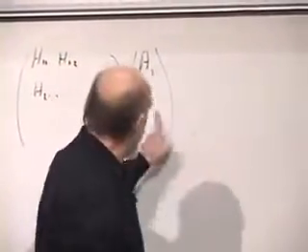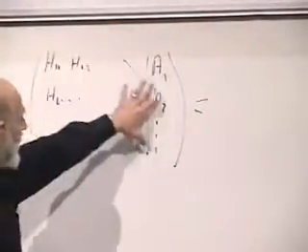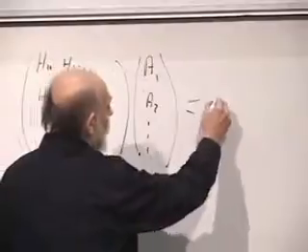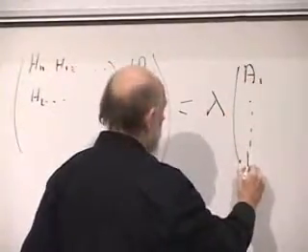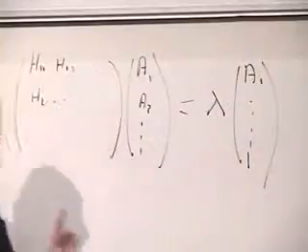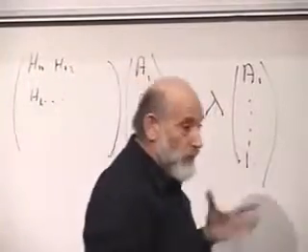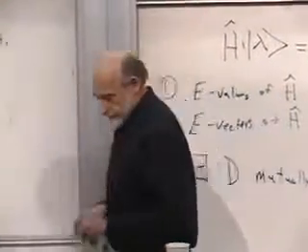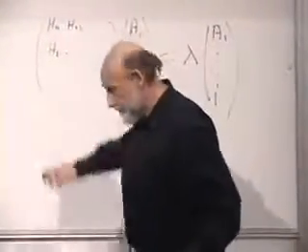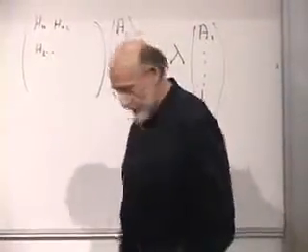If A is an eigenvector, that means that the matrix, when it acts on A, just gives you a number lambda times the same vector. Not all vectors will be eigenvectors. Most won't. But there will be a complete basis of them if H is Hermitian. So if you like thinking concretely, just think in terms of matrix elements.